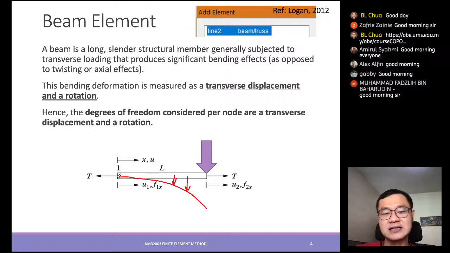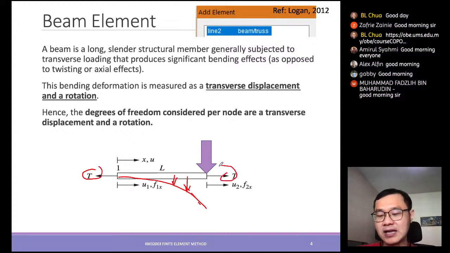So you can see that the axis itself is now slowly rotated. So therefore for every single node, we should consider 2 degrees of freedom. There are transverse displacement as well as a rotation that occurs on the beam element. So as this picture shows a prismatic bar element, that's why the T is still there, right?